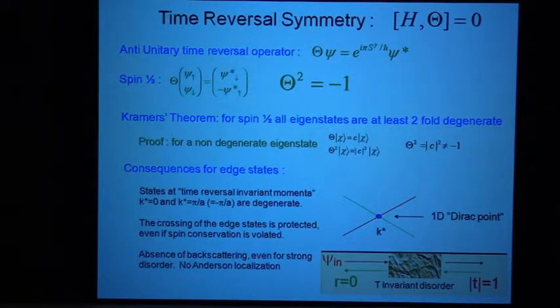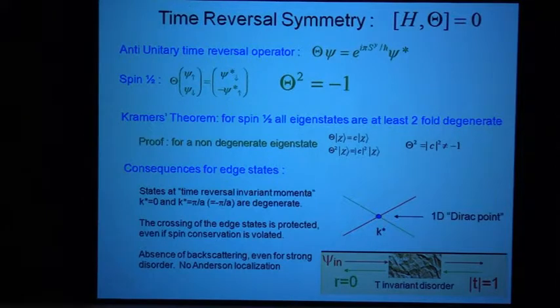Well, I use the fact that the spin is a half integer. The minus sign that you get when you rotate a spin by 2 pi: if it's a half integer spin you get a minus sign, and if it's an integer spin you get a plus sign.